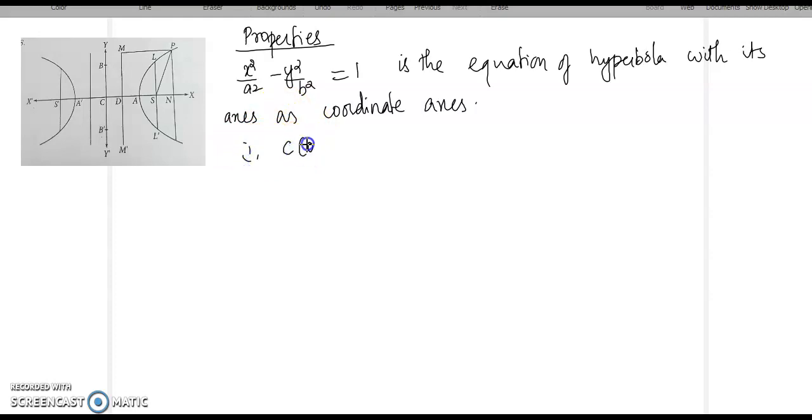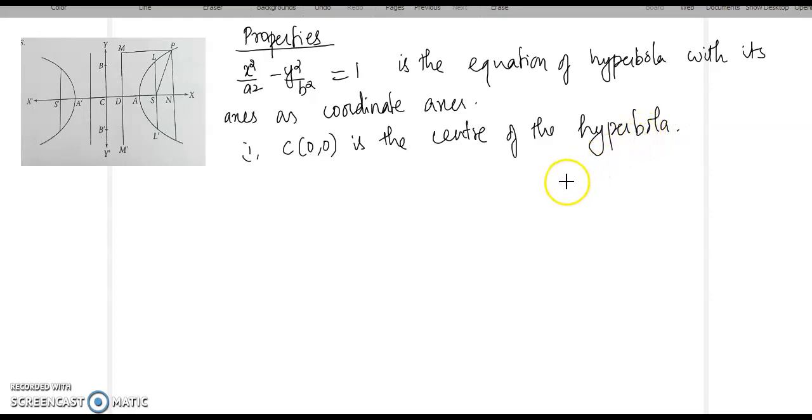Now the point C shown in this figure is the origin. So C is the center of the hyperbola. C(0, 0) is the center of this hyperbola.